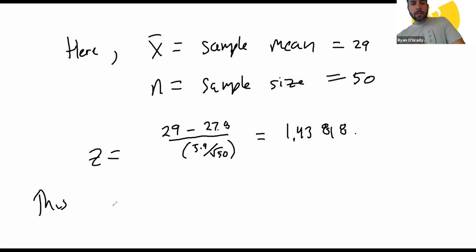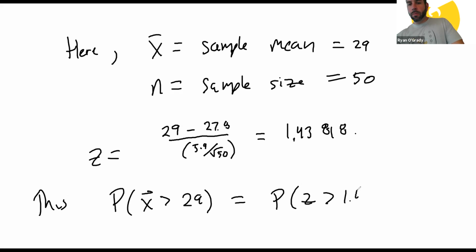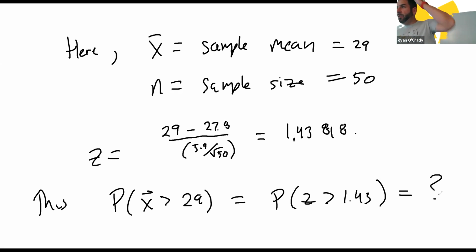And so thus the probability that your sample mean is going to be greater than 29 is the same as the probability that this Z is greater than 1.43. And of course you can plug that into the table, or you can use a calculator, whatever you want.